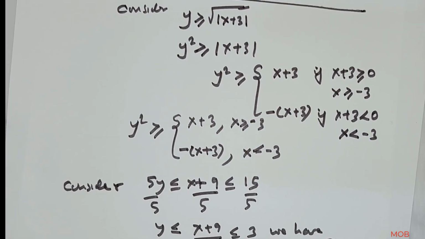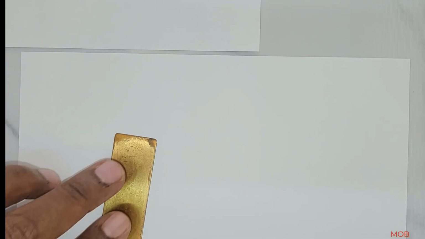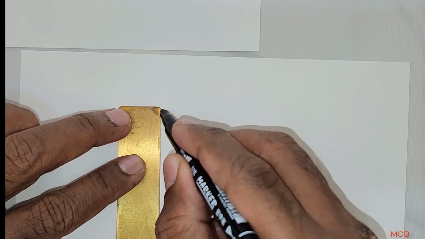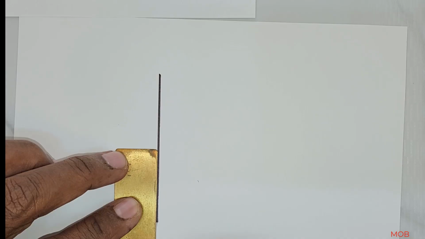So we will have to use this and this and draw the graph. So that is what we are going to do. Let me go to the next page and put these things in place. So first we need the two pillars.